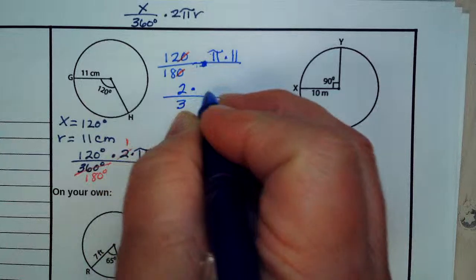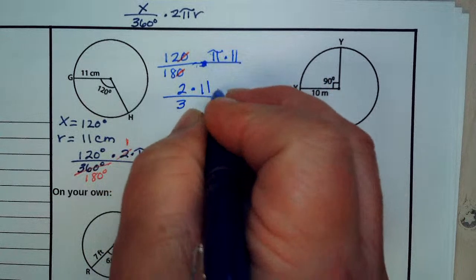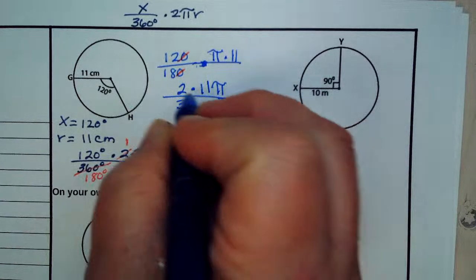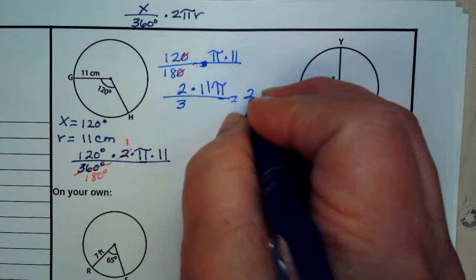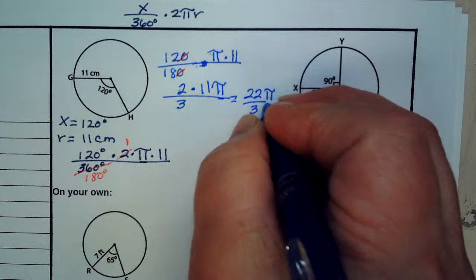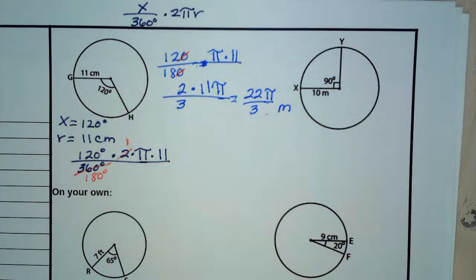And then times, I'm going to move these around. You can because it is commutative, 11 pi. 2 times 11 is 22 over 3 pi, and this will be meters. 2 times 11 is 22.